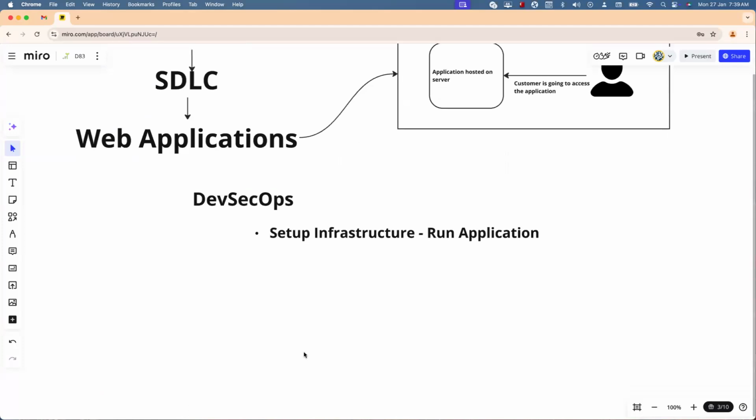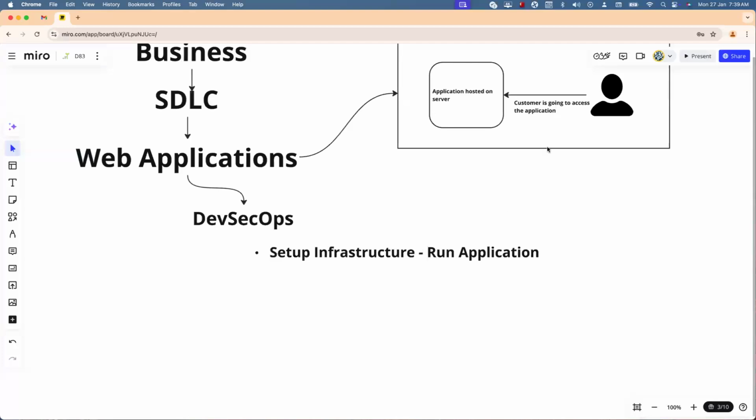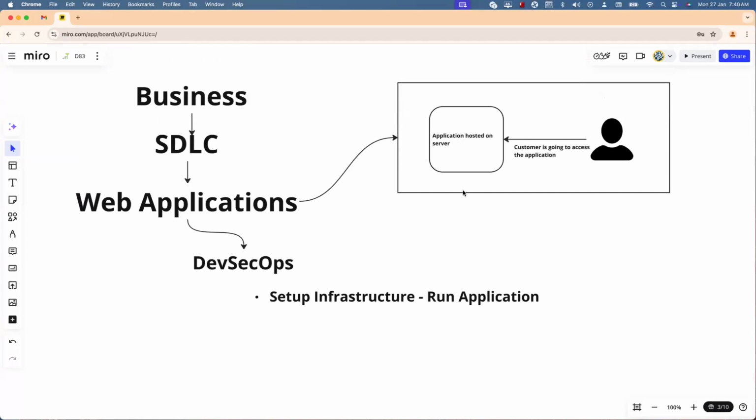This is our role, to maintain this particular area. To maintain this, around this is what your role is.